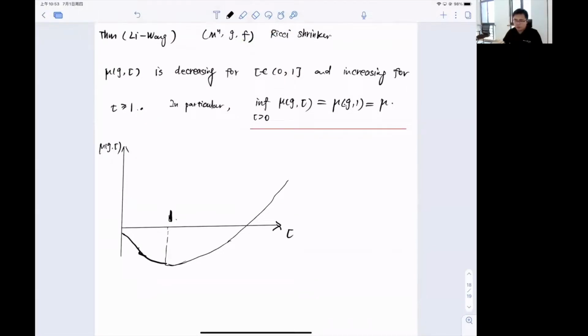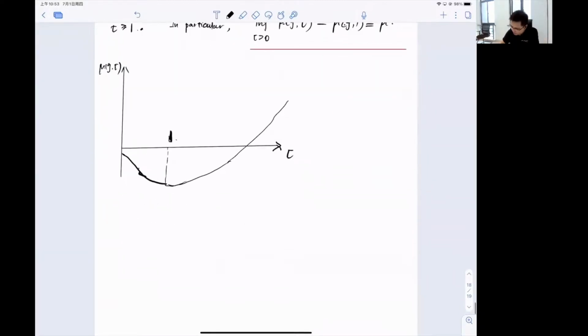Now, how can we prove the fact I mentioned, that is, that mu g tau is first decreasing and then increasing? To prove this, we just need to use the self-similar property for Ricci shrinkers. Recall that g_t is (1 minus t) psi_t star g.